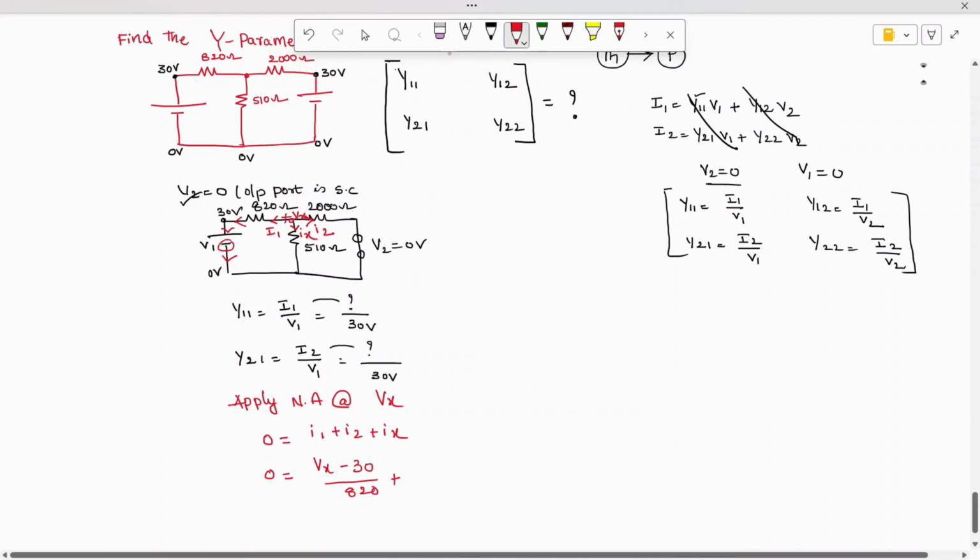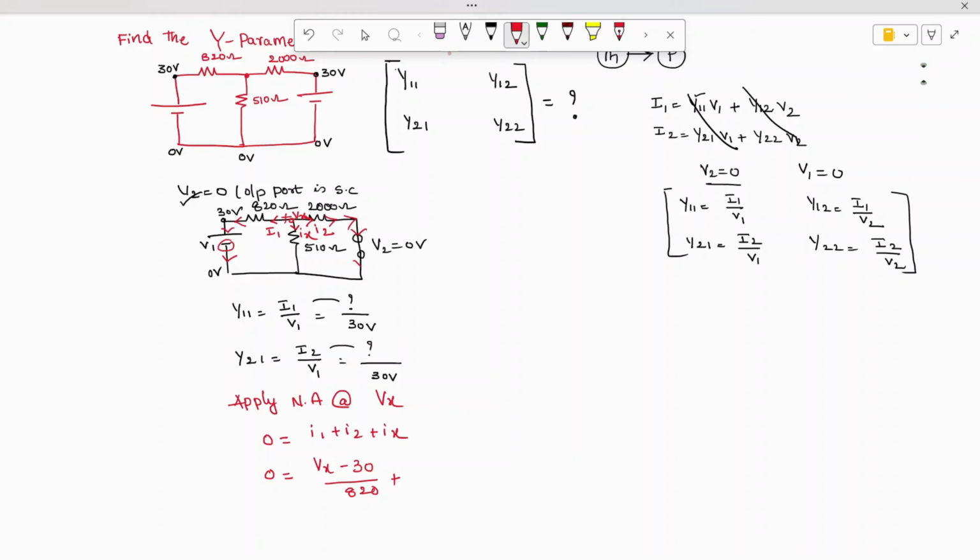The current I2 which flows in this branch, I can write as Vx minus 0 divided by 2000 ohms. Plus Ix, the current in this branch, which I can write as Vx minus 0 divided by 510 ohms.